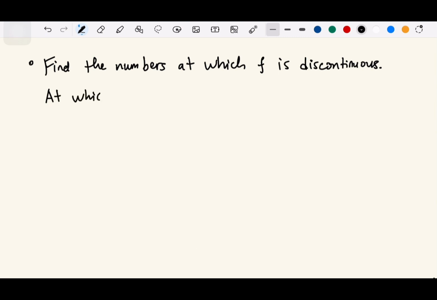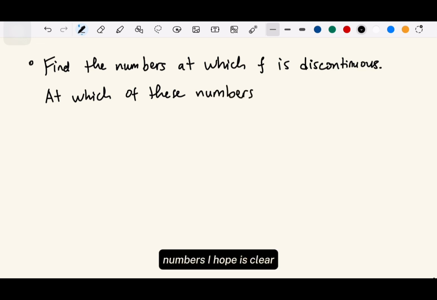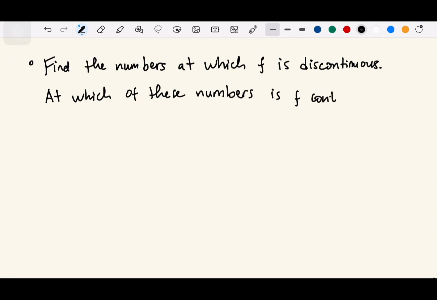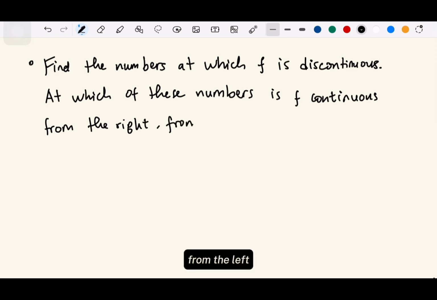At which of these numbers, I hope it's clear, is f continuous from the right, from the left, or neither?